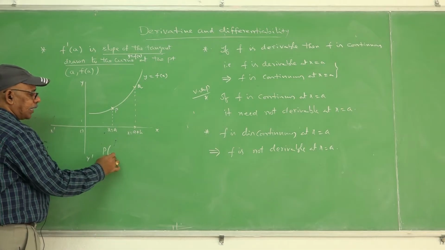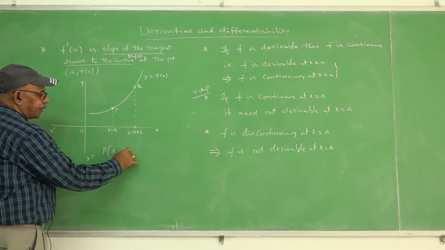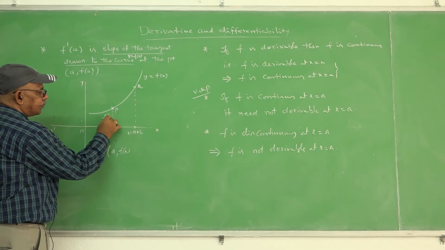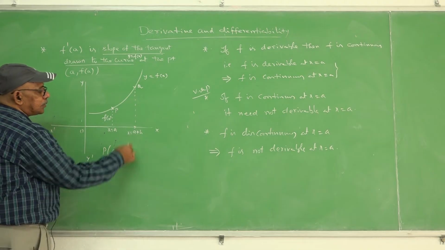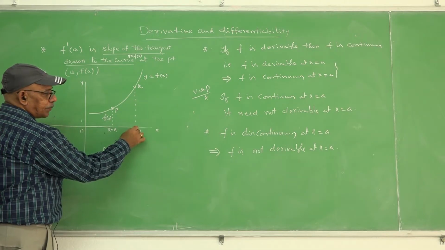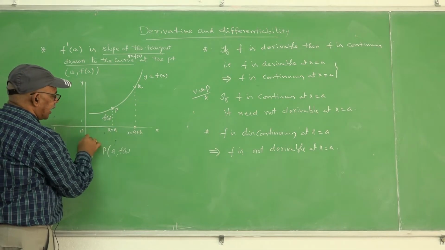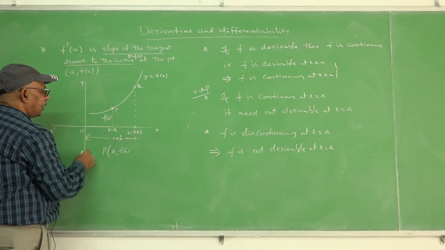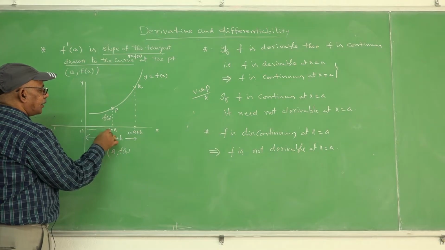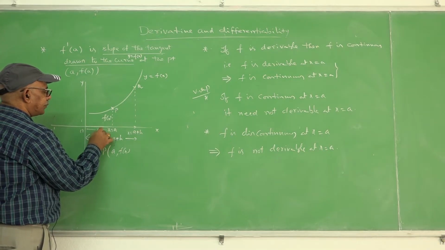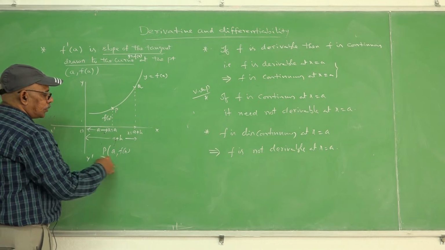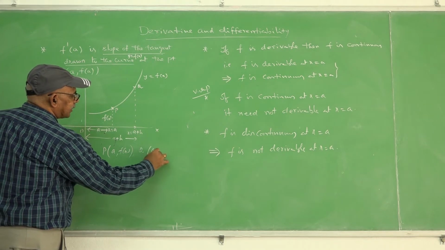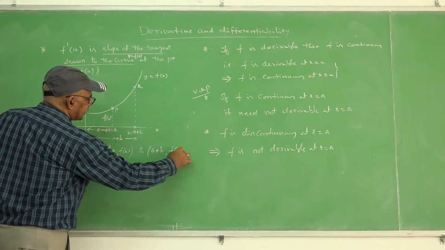Here P is clearly a comma f of a, because this length is a and this length is f of a. Similarly, this length is a plus h, and Q becomes a plus h, f of a plus h.